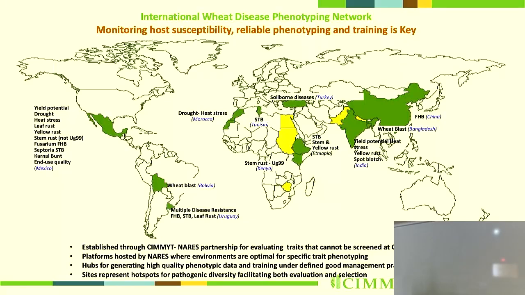Also in Uruguay for Fusarium head blight, Septoria, and leaf rust, and as you have heard about the blast that we have in Bolivia, we have a phenotyping platform, also in Bangladesh and in Zambia as well. This is what provides the strength to the CIMMYT breeding pipelines, that the material that gets sent to the countries is actually covering not just one trait, but the multiple traits that we are working on to cater to all the regions that we work for.